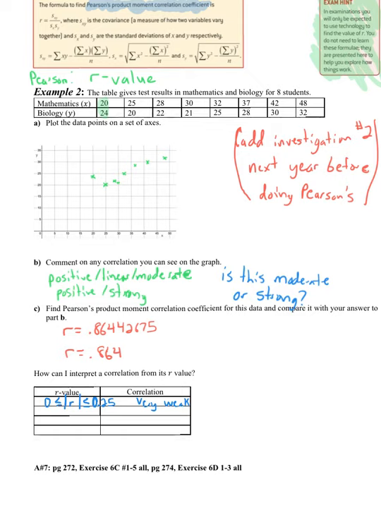And then we're going to say, 0.25 less than the absolute value of R up to 0.5. That's still considered weak. All right. And then you can guess the next one, 0.5 to 0.75 is moderate.